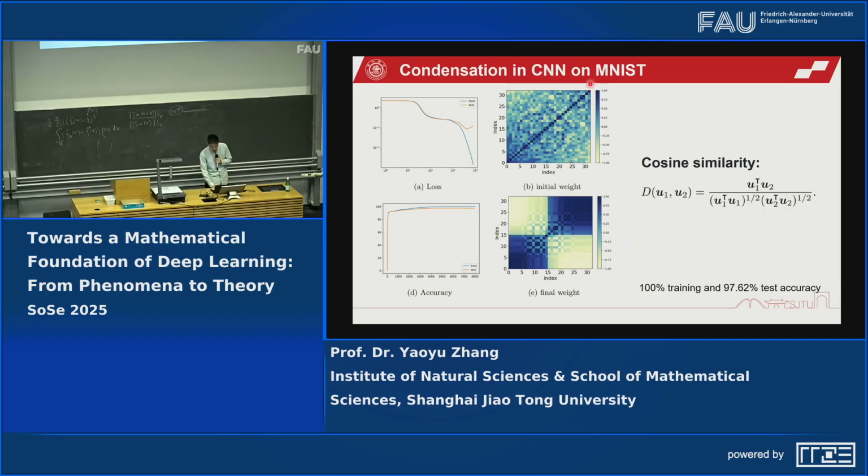And initially, for example, if in a high dimensional space you initialize all the weights randomly, then based on the theory related to the statistics of random vectors in a high dimensional space, you can see initially they are almost orthogonal to one another.